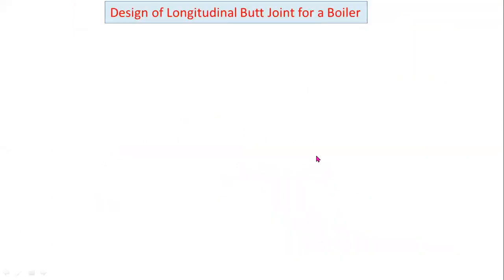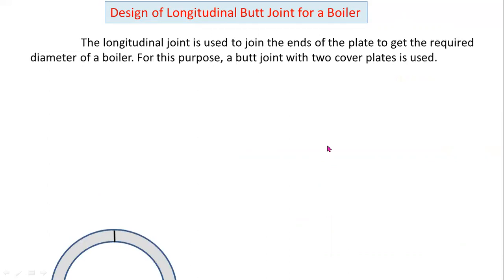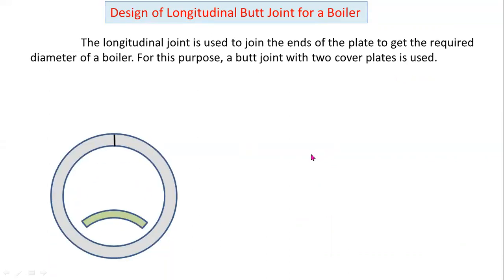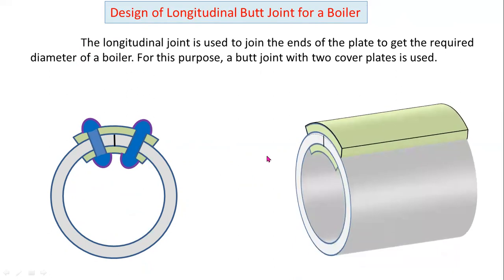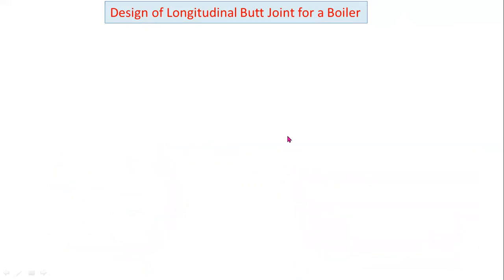Now design of a longitudinal butt joint for boiler. Already we discussed in the previous class. This is the butt joint, longitudinal and circumferential. This is a longitudinal butt joint for design of boilers.